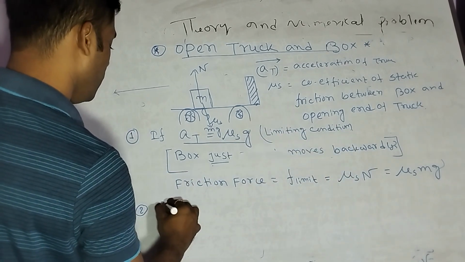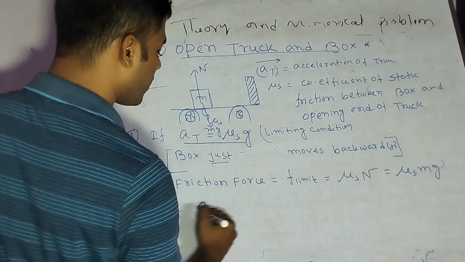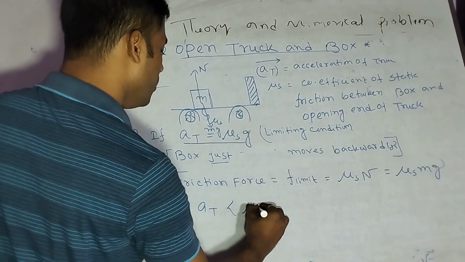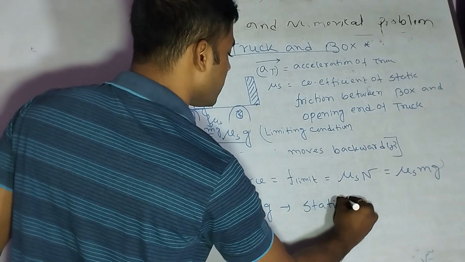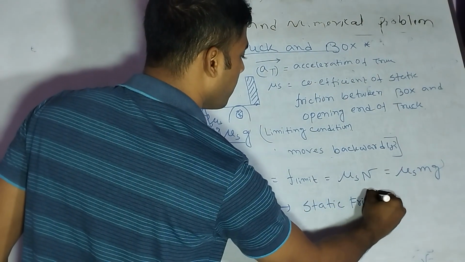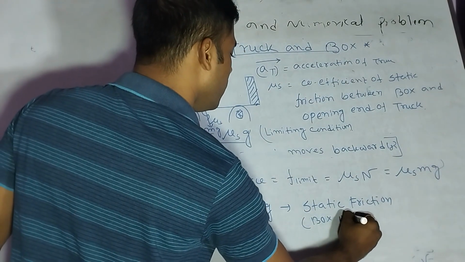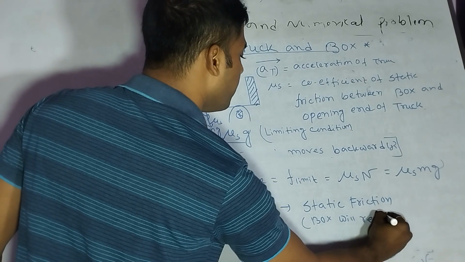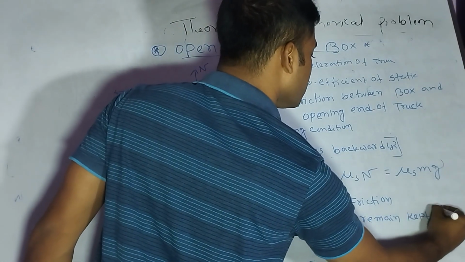If the acceleration of the truck is less than mu s into g, then the friction is static friction. That means the box will remain kept in the same position.